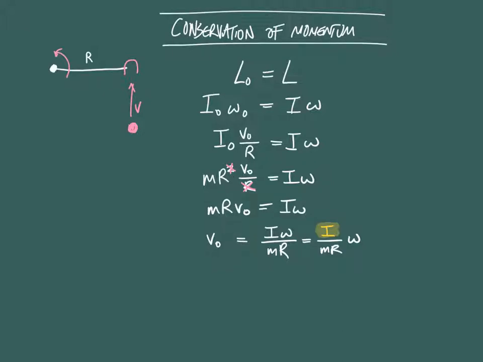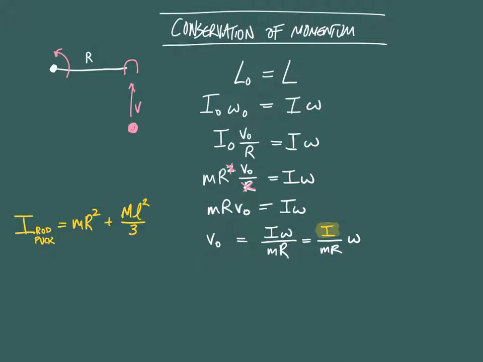So I'm going to come over here to the left, and the I of the rod-puck system is going to consist of the puck, which is mr squared, plus, if you look in the table for a long, thin rod that rotates about one of its ends, so again you'll be looking in your book for a similar problem if you get one like this, you would find that it's m l squared over 3.